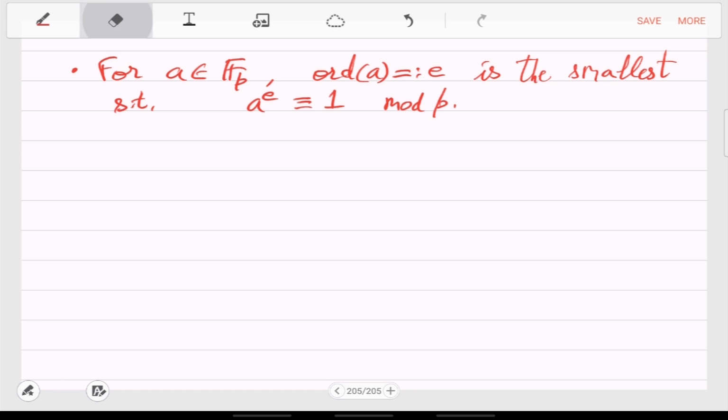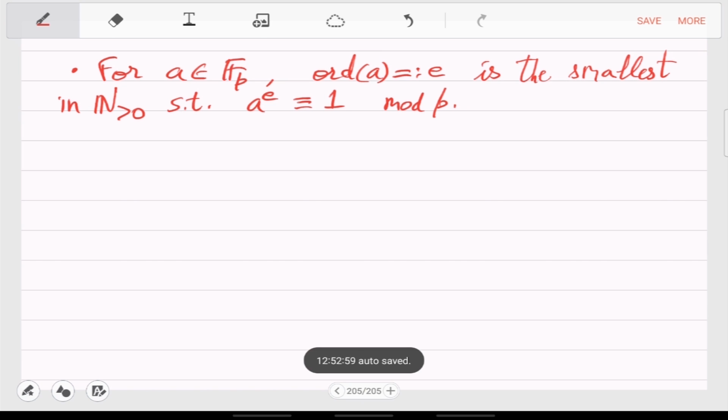We need it positive. Obviously, E equal to 0 will always work, but that was your p minus 1 kind of. So we don't want A to the 0, we want something more interesting.